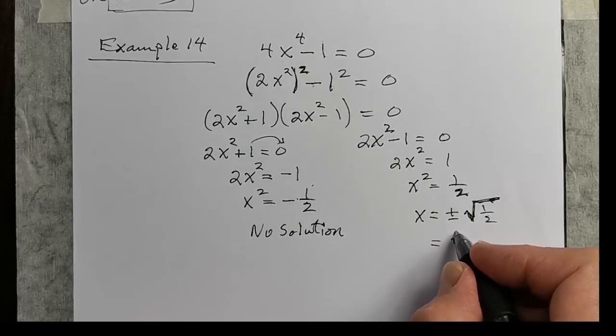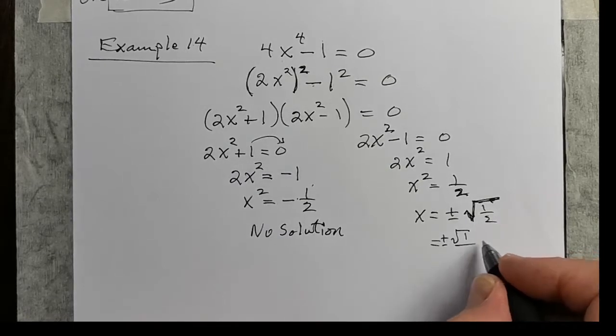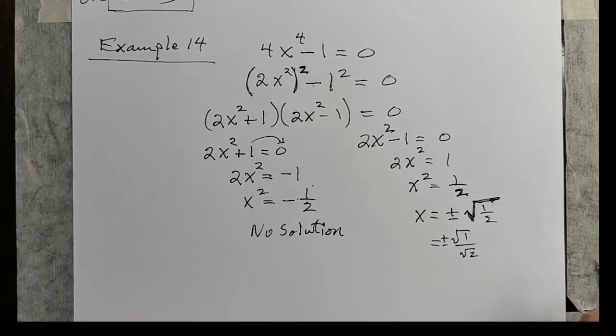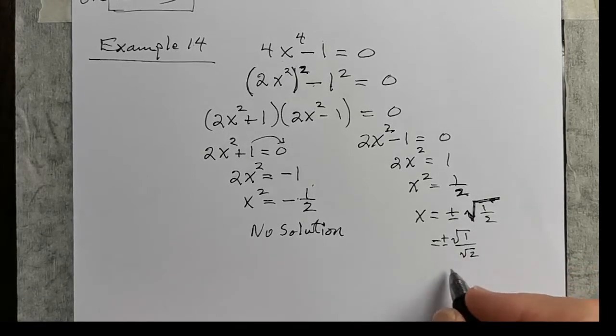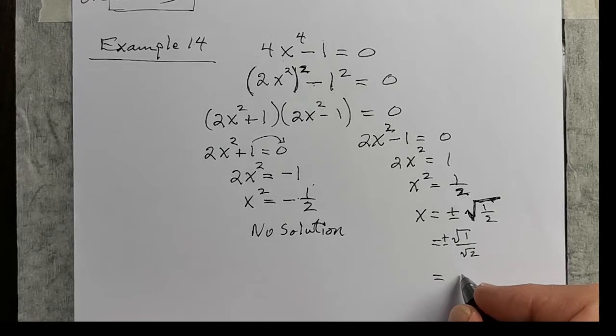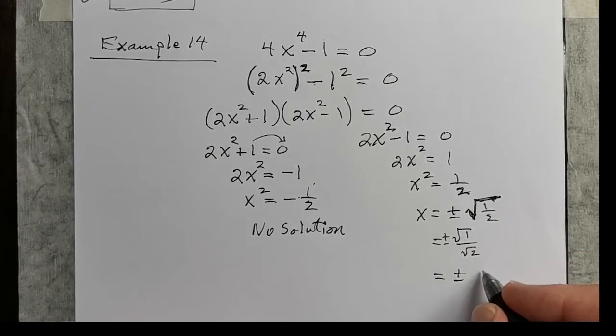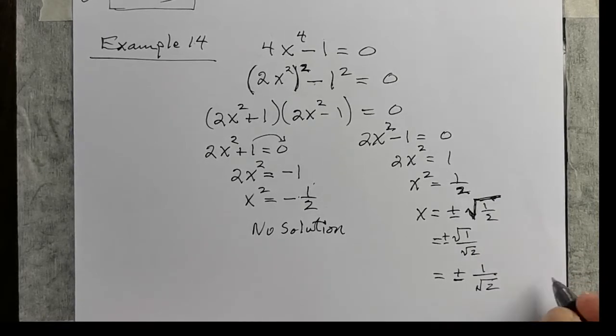Notice I can write it as square root of 1, this is plus or minus, divided by the square root of 2. And then if I multiply top and bottom by the square root of 2, square root of 1, by the way, in the numerator is just 1. I have square root of 2 in the denominator.